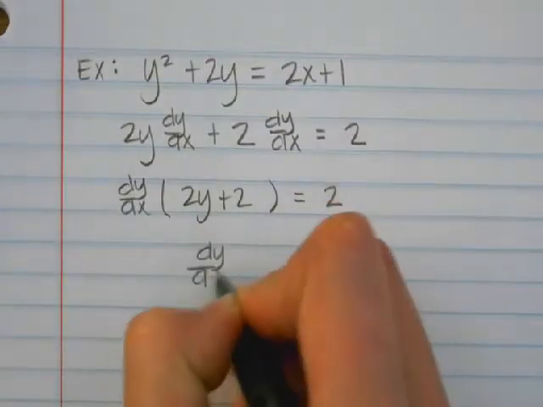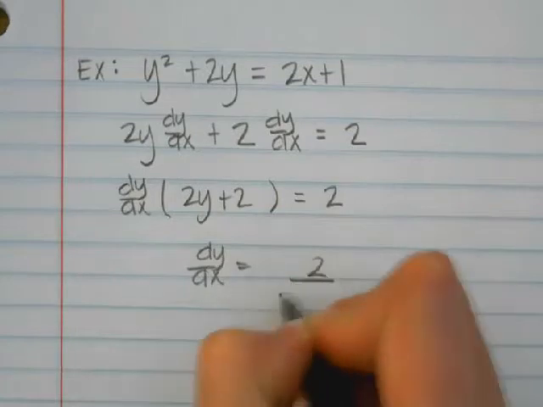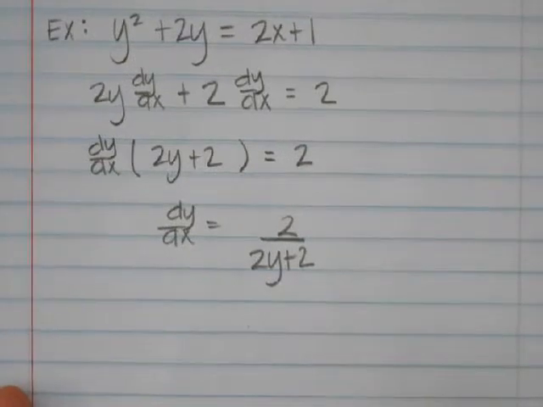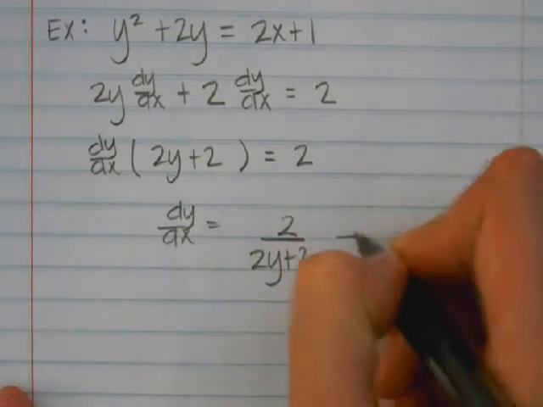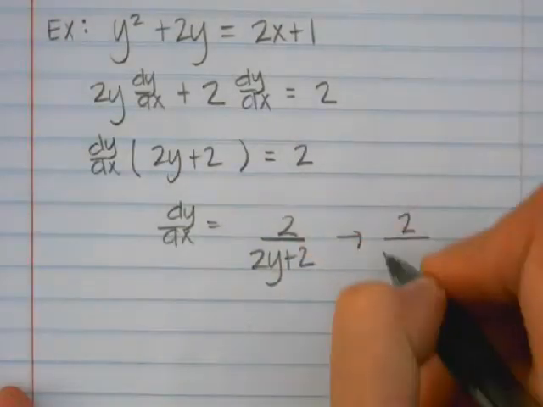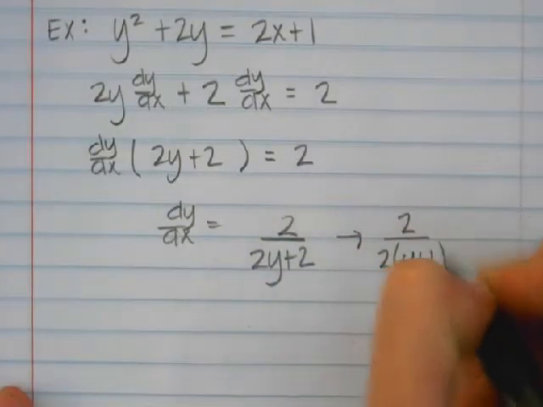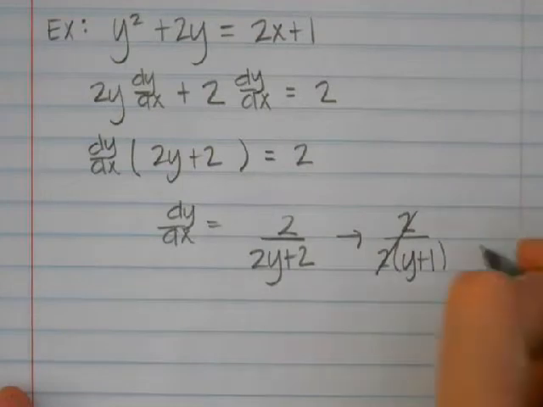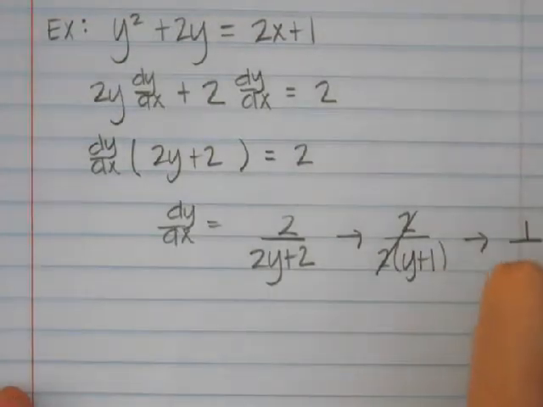So dy dx equals 2 on the top and 2y plus 2 on the bottom. So I'm going to take this, I'm going to say the top is 2, and I can factor 2 out of the bottom. And so what happens with the 2's? They all cancel. So it's 1 over y plus 1.